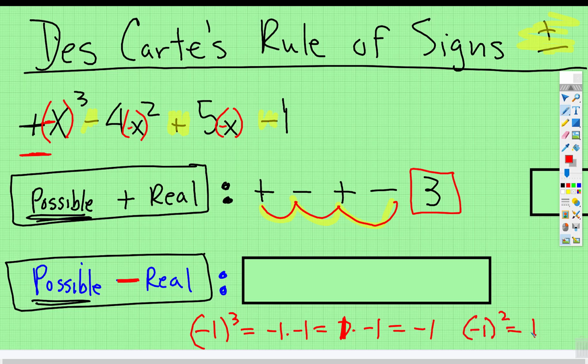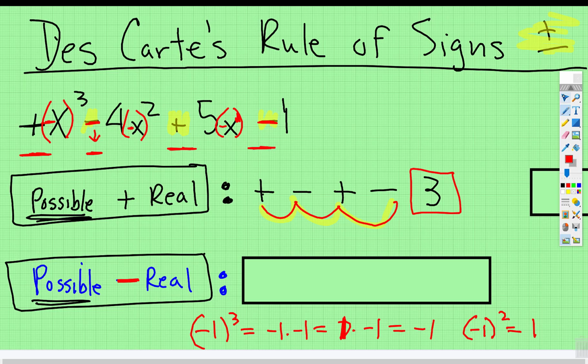It's positive. So this negative sign, when you square it, does not change the result. So anytime you have an even exponent, you can just bring the original sign down. And then again, positive 5 times negative x, that's a negative to the first, so that's another odd exponent, so that's a negative sign. And the constant sign always stays the same.